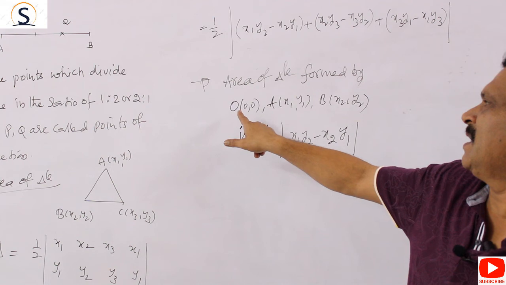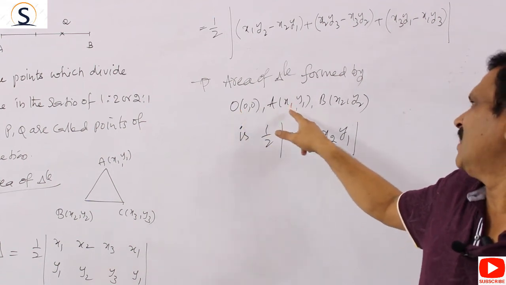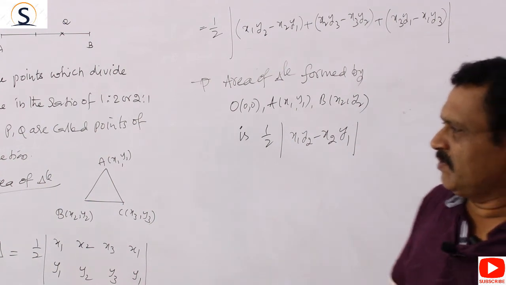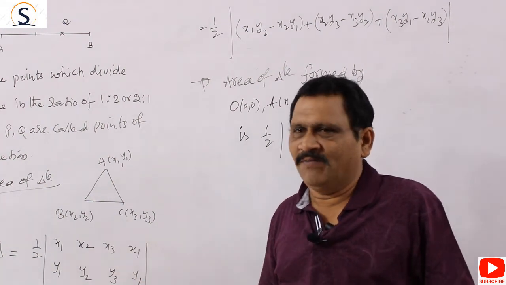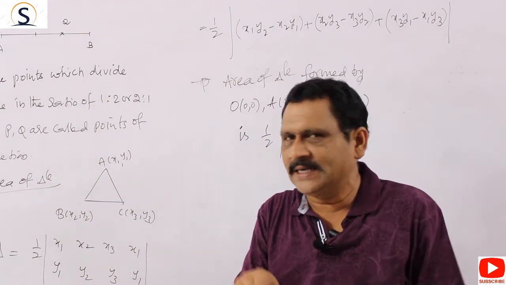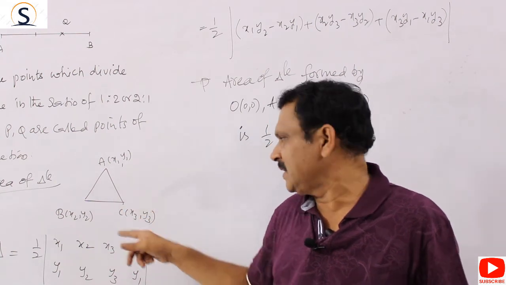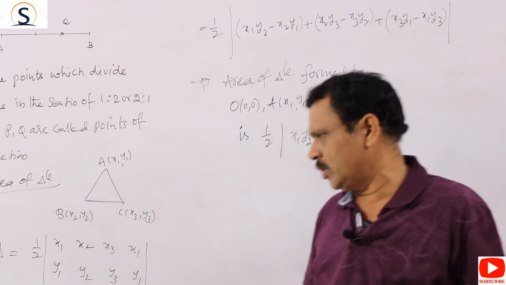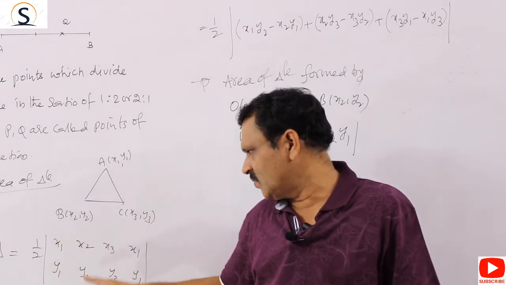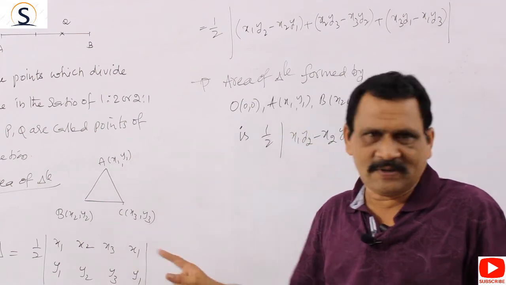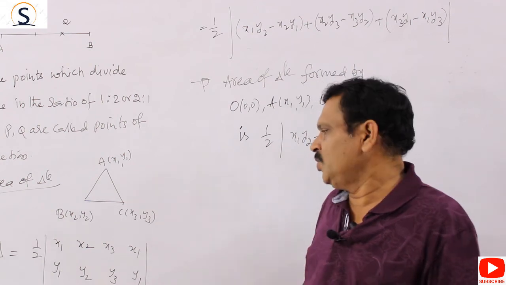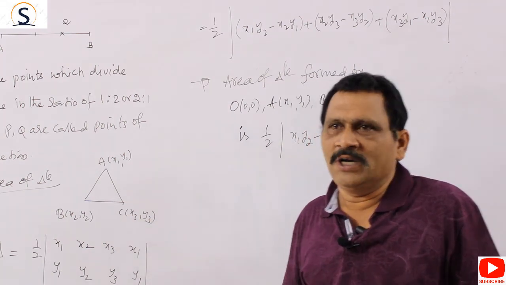Now similarly, you can extend the formula for the area of a quadrilateral. A quadrilateral has 4 vertices, with the additional vertices (x3, y3), (x4, y4). Write the coordinates as x1, y1, x2, y2, x3, y3, x4, y4, x1, y1, then expand the determinant, and you get the area of the quadrilateral.